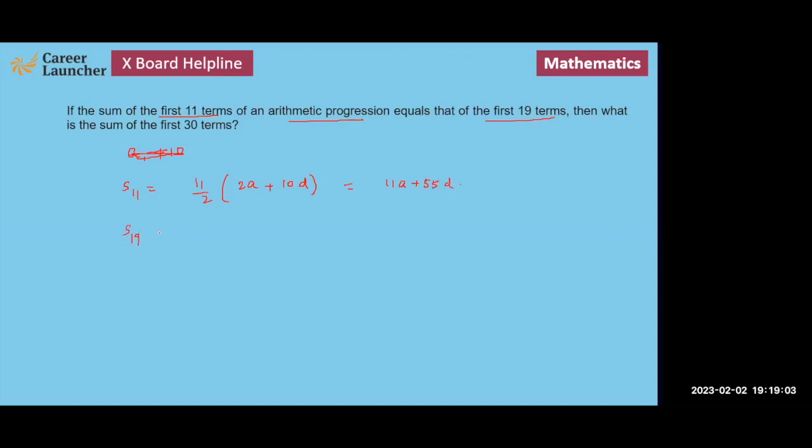The sum of the first 19 terms is equal to 19 by 2 into 2a plus 18 into d, which is equal to 19a plus 19 into 9, that is 171d.